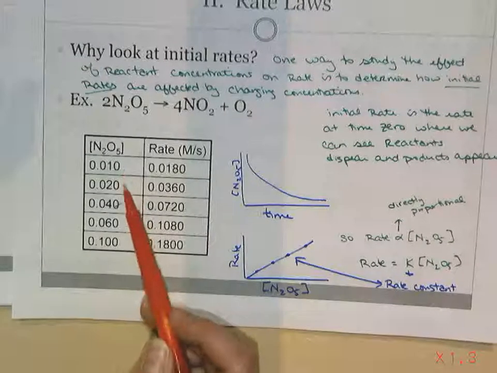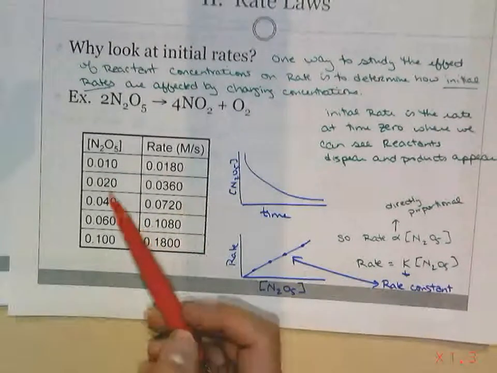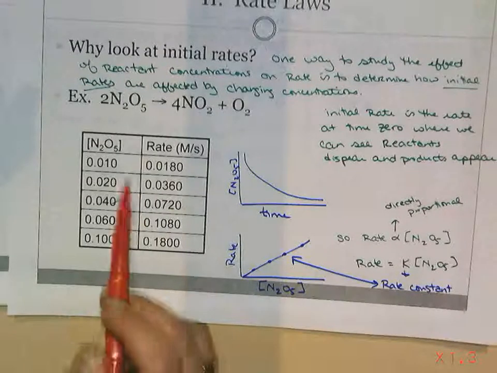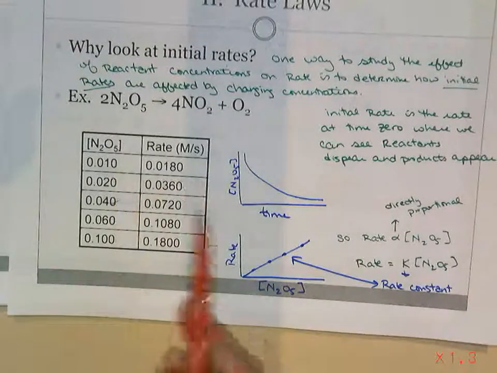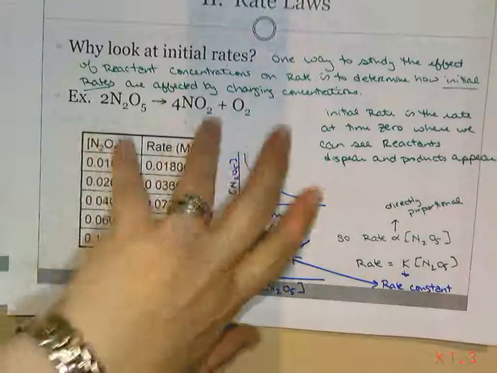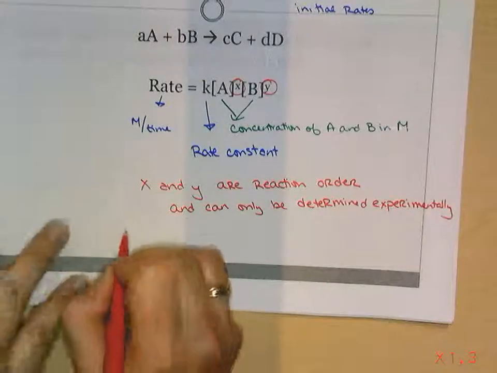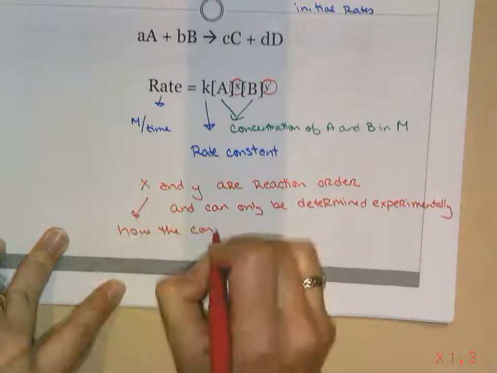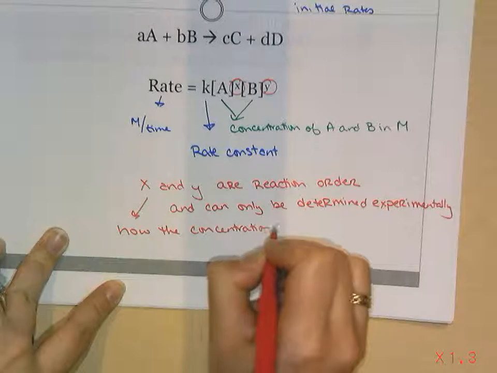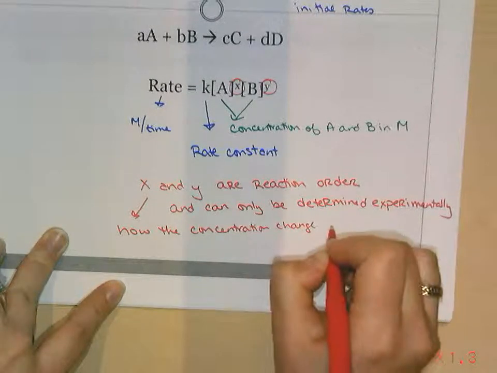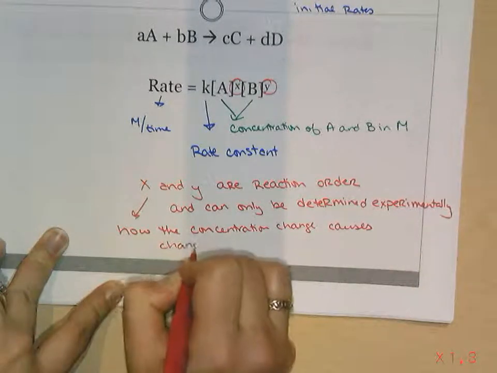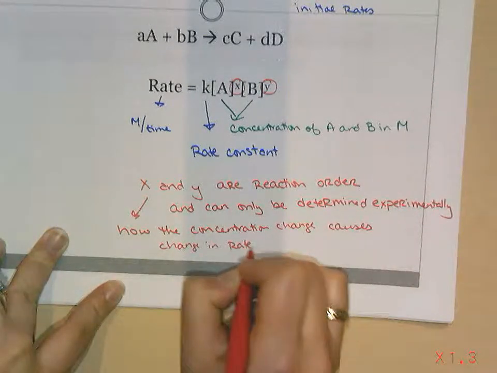When I quadrupled this, the rate quadrupled. That's going to tell me my reaction order. When I change the concentration, how the rate changes, that's where the reaction order comes from. So it comes from when we change the concentration, how does the rate of reaction change.